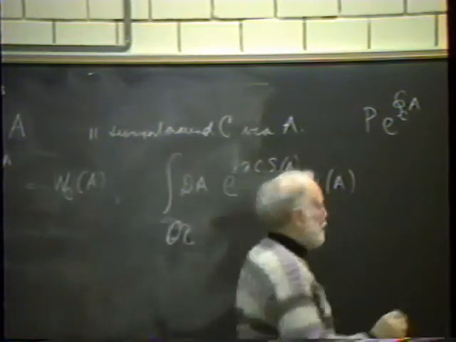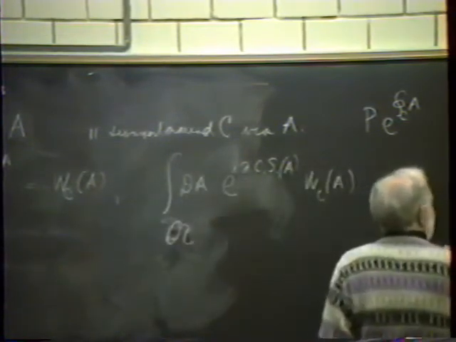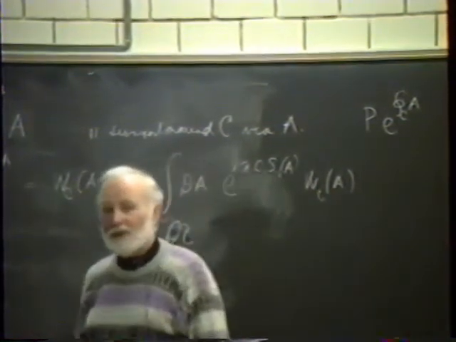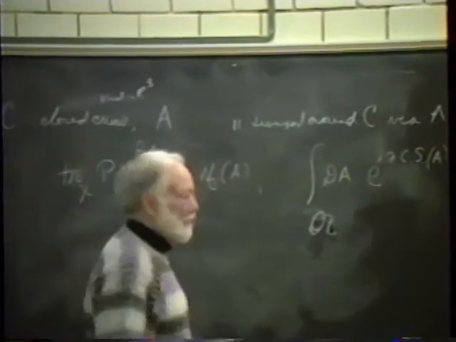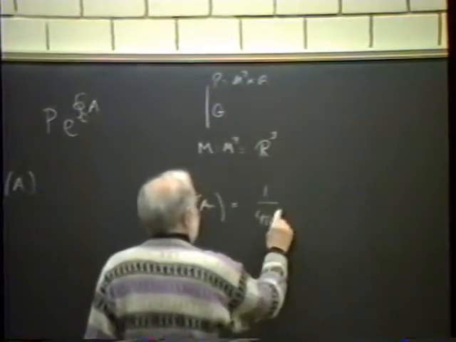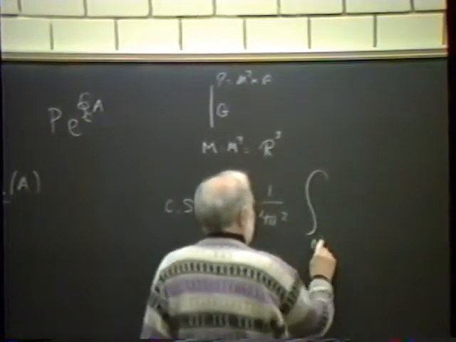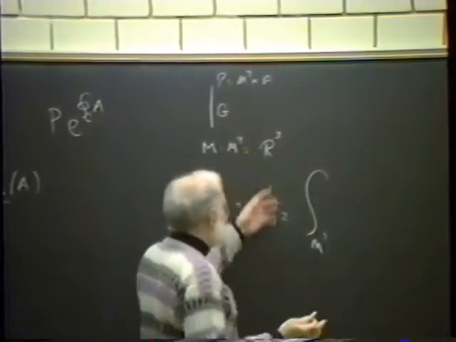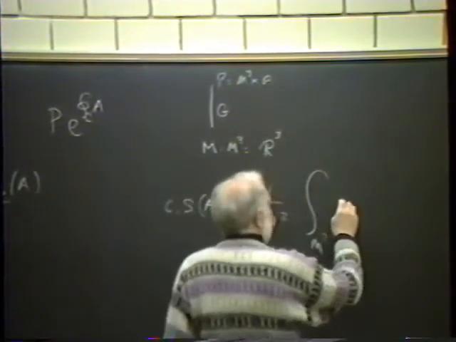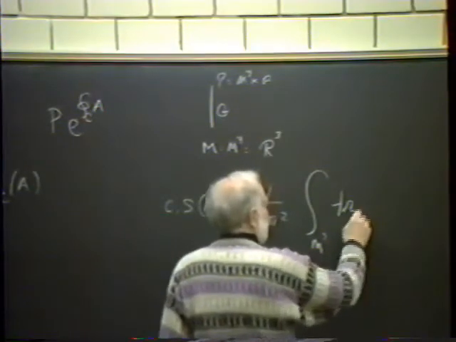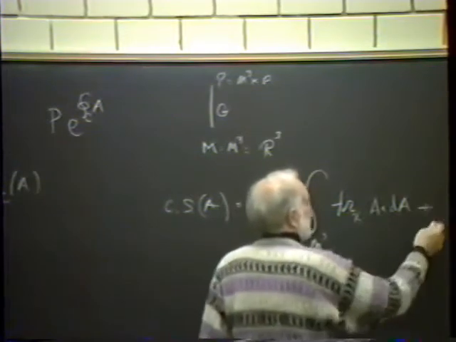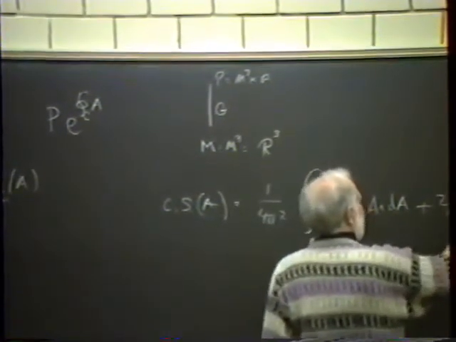And I remind you that Chern-Simons of A is a secondary characteristic class whose differential on the bundle is C2, or the first Pontryagin class, and it's 1 over 4 pi squared times the integral over the 3 manifold, take it to be the 3 sphere if you're worried about infinity, of the trace in the representation of A wedge dA plus what's called 2/3 A cubed.